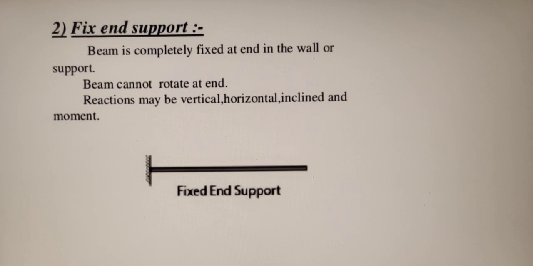So the left end cannot rotate. Here the reactions developed are a vertical reaction, a horizontal reaction and a moment. Due to the vertical and horizontal reaction, the resultant reaction will be inclined.